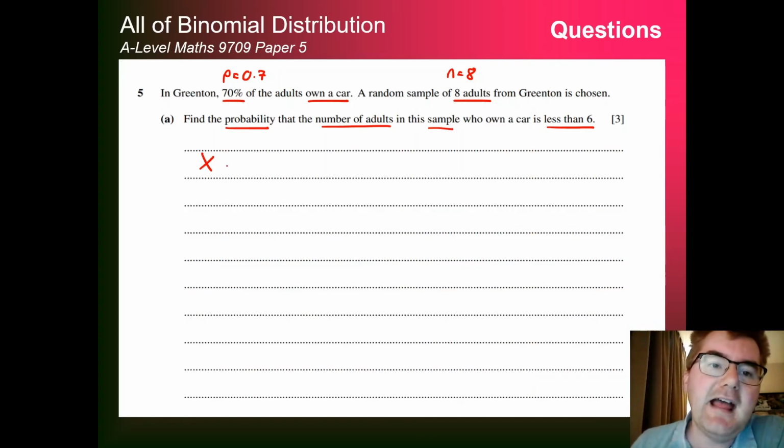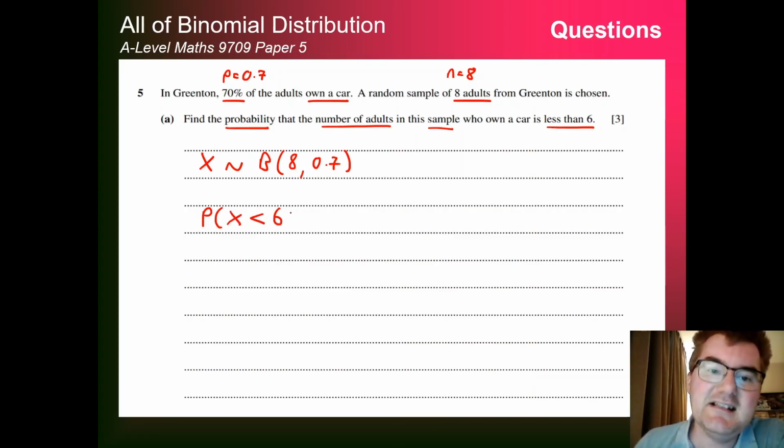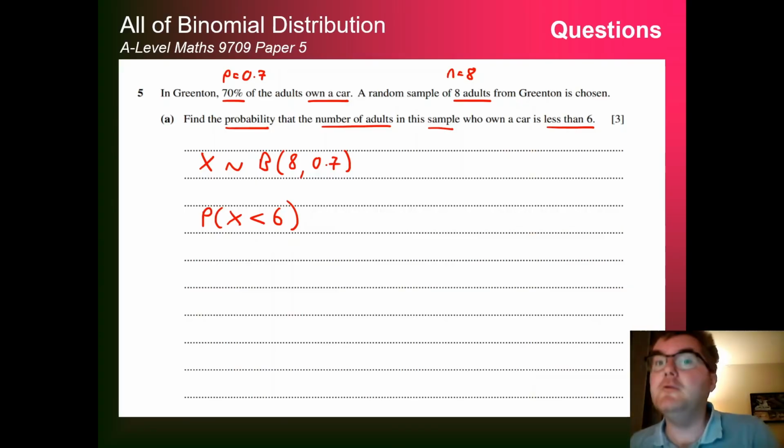Well, we then know that X is binomially distributed because we have the number of trials, which is 8, and the probability of success, which is owning a car here, is 0.7. And we want to work out the probability of owning a car is less than 6. Now, doing less than 6 directly does take quite a bit of time. It's only a 3-mark question because we'd have to work out the probability of 0, 1, 2, 3, 4, and 5.